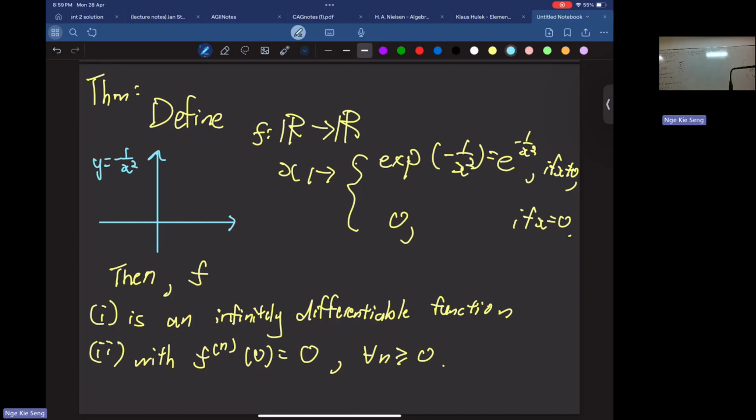It comes from x squared first. So basically, x squared, you will have something like this. And then 1 over x squared, you should split like this. But if it's minus, then go to the other side.